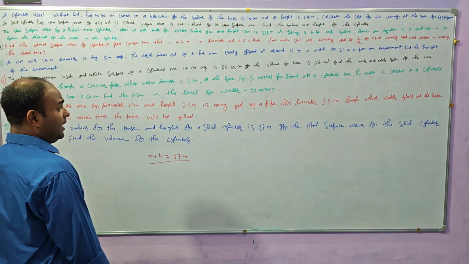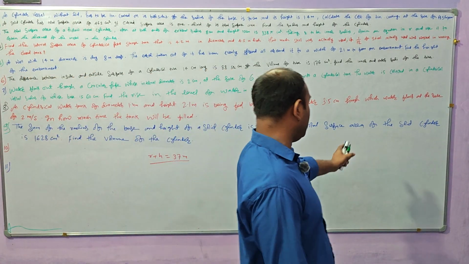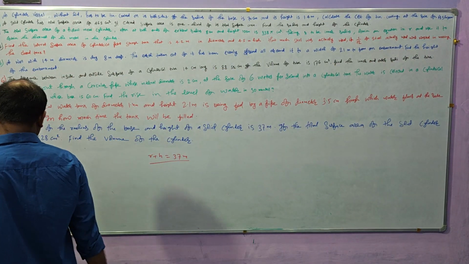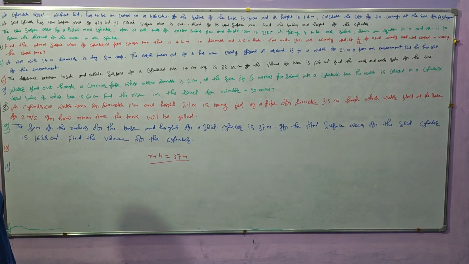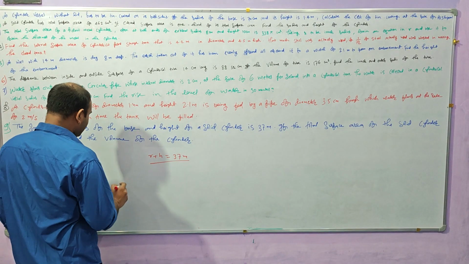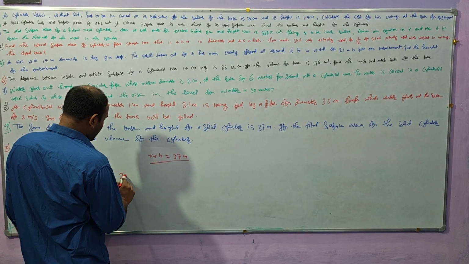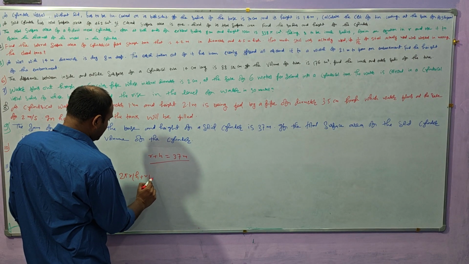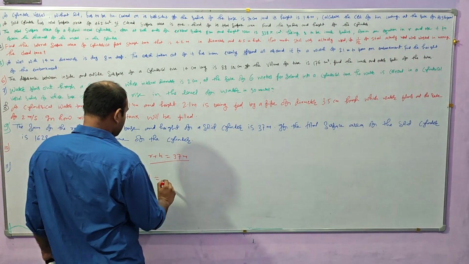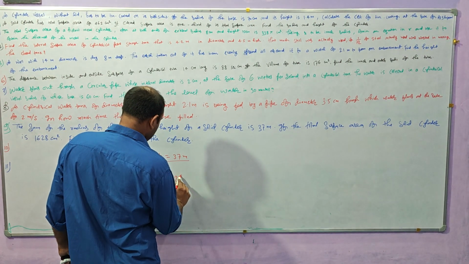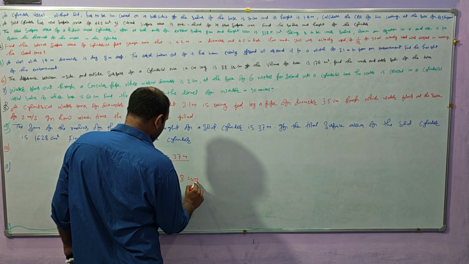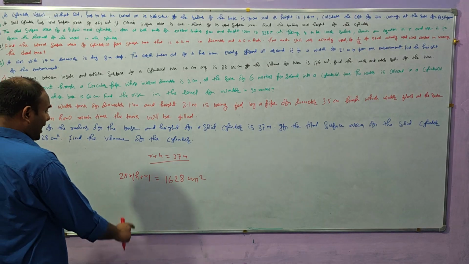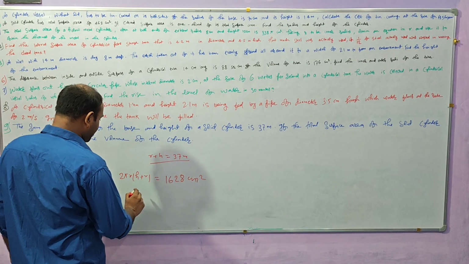And if the total surface area of the solid cylinder is 1628 centimeter square, and we know the total surface area of a cylinder is 2 pi r into h plus r, equal to 1628 centimeter square, and we have r plus h, that is 37.